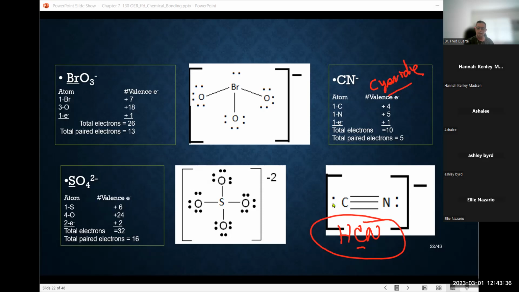So we have a lone pair on the carbon, a triple bond between the carbon and nitrogen, and then a lone pair on the nitrogen, and then the bracket because it's an ion. Okay. Notice when we did HCN, it's neutral. We had no bracket around HCN. Let me clear that up real quick.